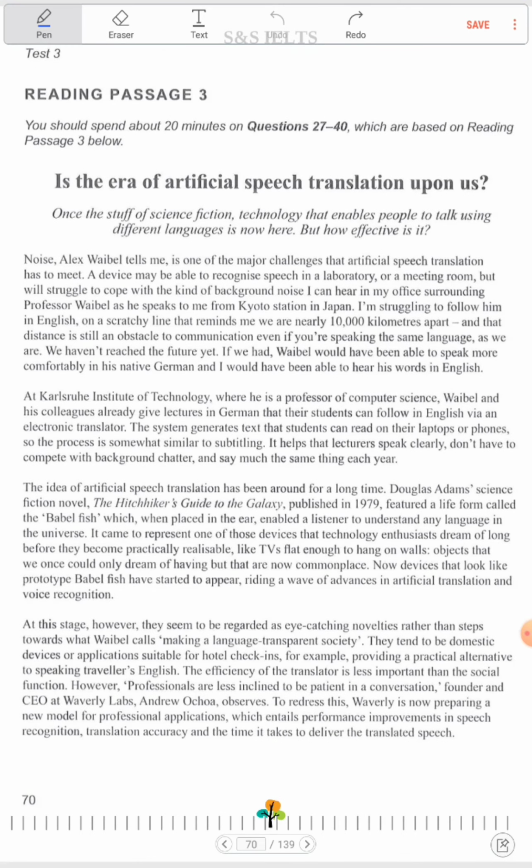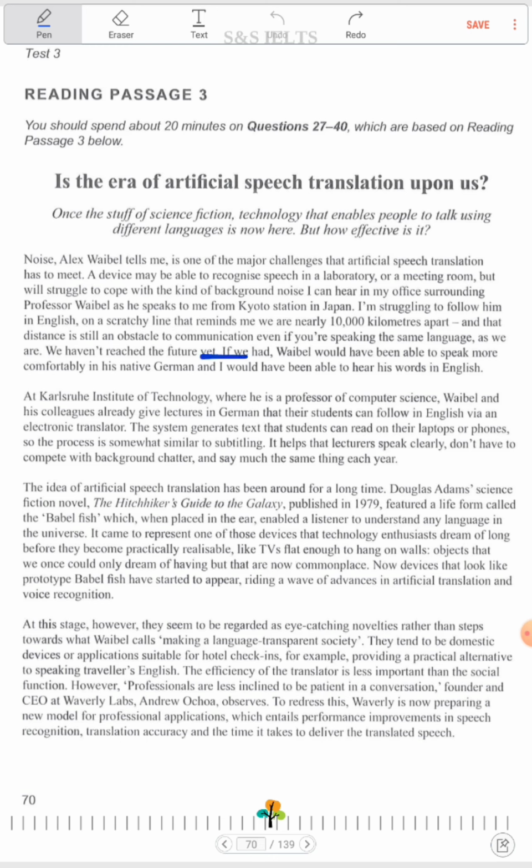As it is mentioned in the text, noise is a major challenge for artificial speech translation, okay? And you can see here that the speaker is struggling to follow Professor Bible in English due to background noise, as well as a scratchy line, okay?